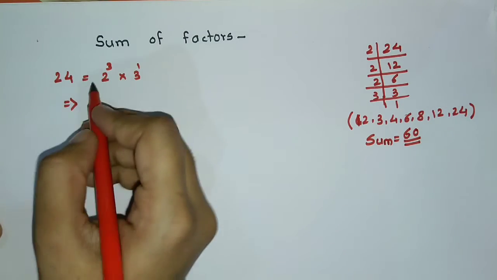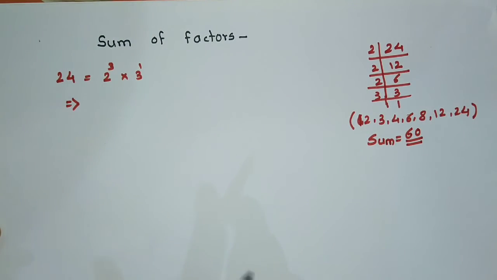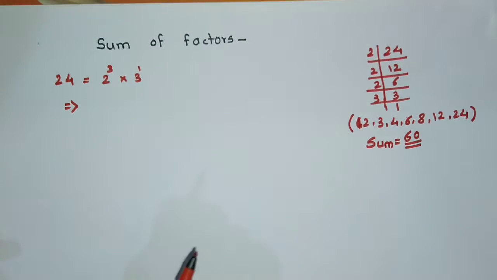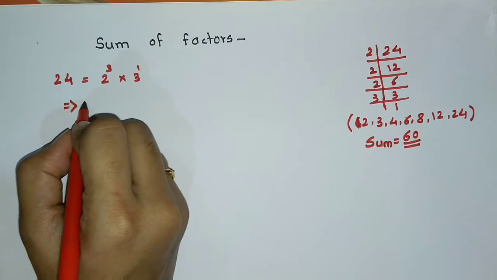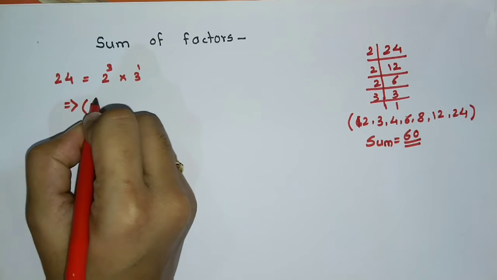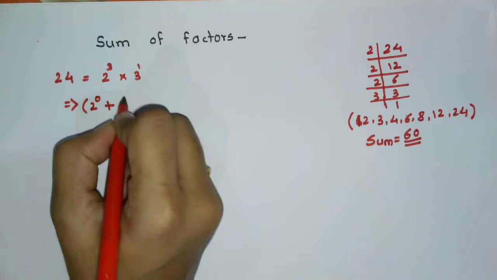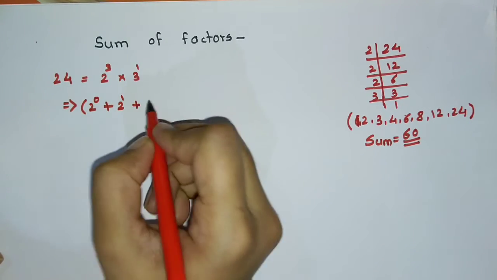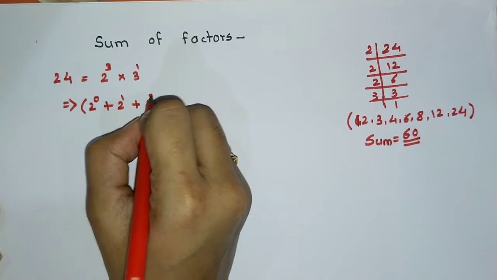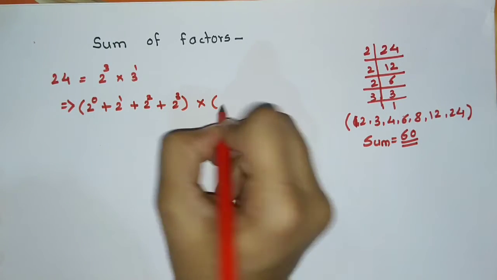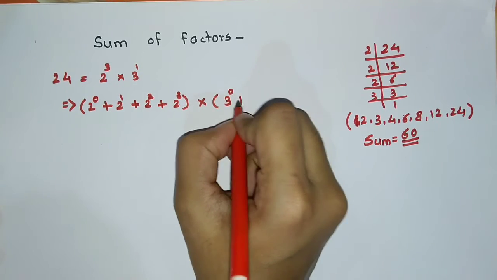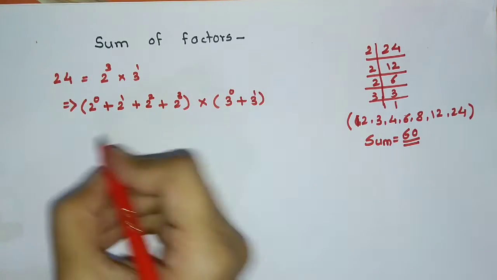Okay, now to find the sum of factors directly from the prime factors, how are we going to do it? See, we are going to represent 2 cube as 2 raised to 0 plus 2 raised to 1 plus 2 raised to 2 plus 2 raised to 3 into 3 raised to 0 plus 3 raised to 1.